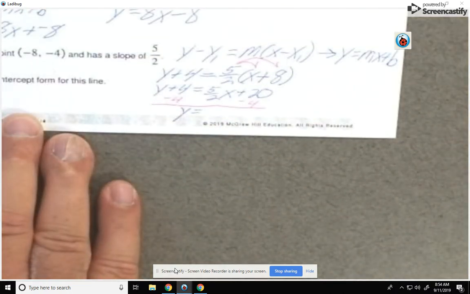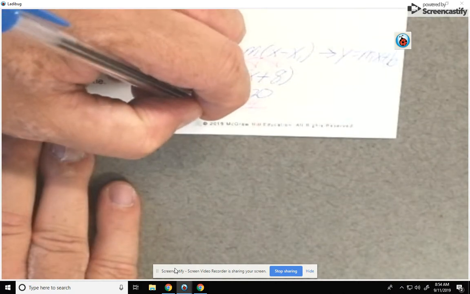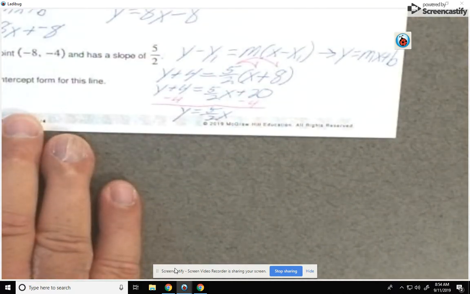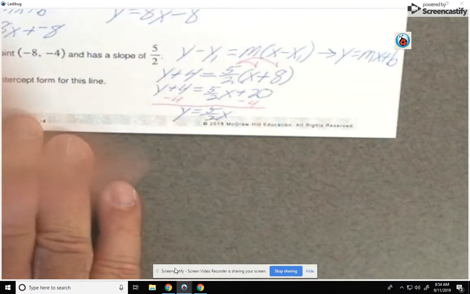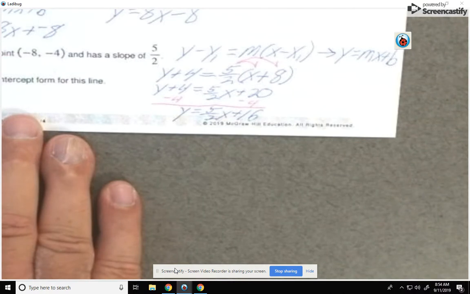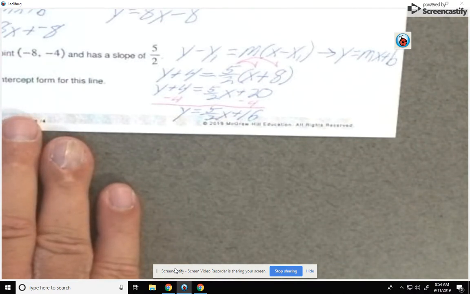On our right side, the 5/2x is unchanged. And then finally, 20 minus 4 gives me a positive 16, so this is plus 16. So my equation is y equals 5/2x plus 16.